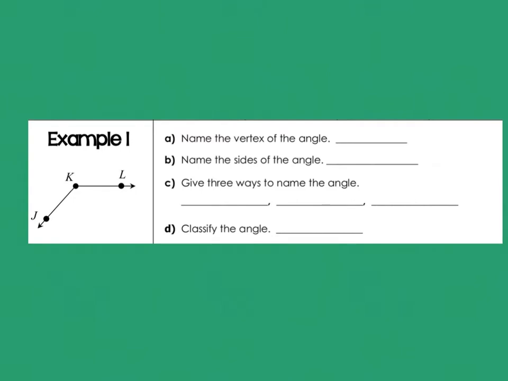So let's see how we're doing. First off, we have an example angle over here, example number 1, and we want to name the vertex of that angle. So again, remember, the vertex is the starting spot of those two rays. That is a point, always a point, capital K. When we name the sides of the angle, remember that sides are rays.